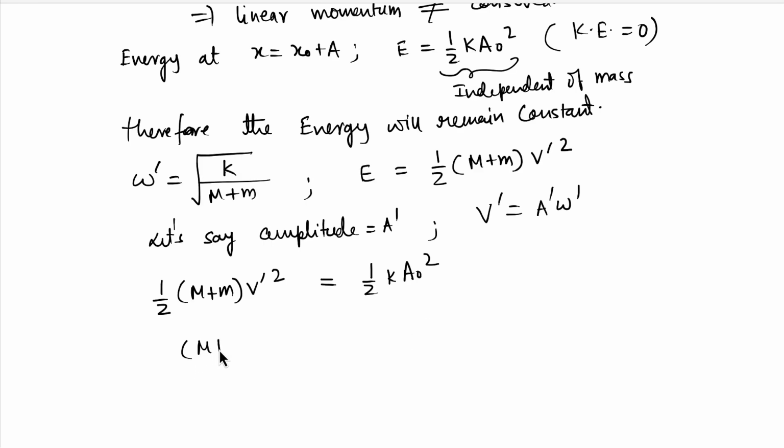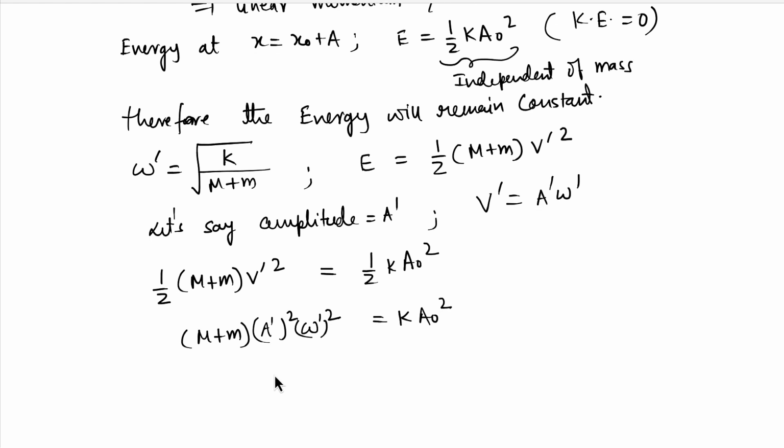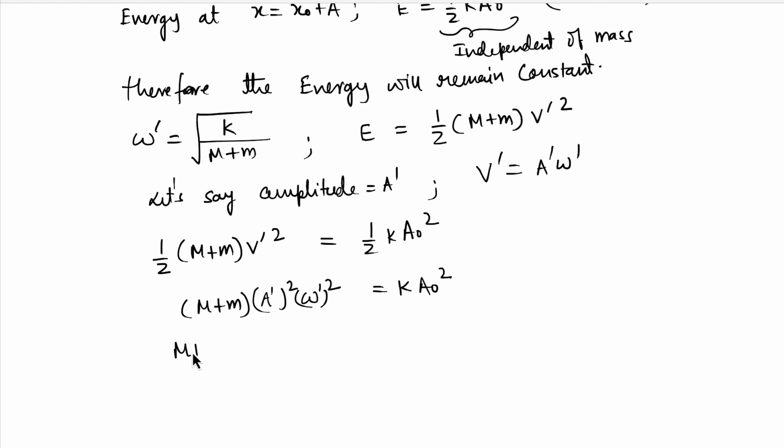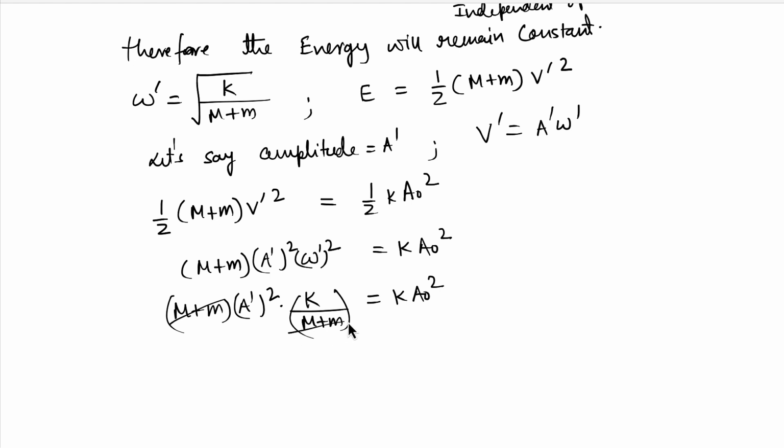So this is m plus m a prime square omega prime square equal to k a0 square, and therefore m plus m a prime square into k by m plus m equal to k a0 square, and k will cancel out, therefore a prime is a0.